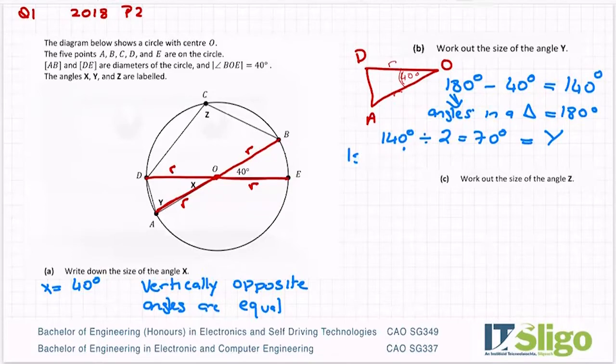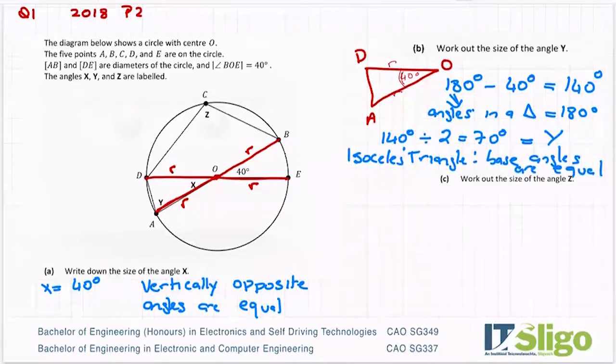Isosceles triangle, base angles are equal. Okay, so Y equals 70 degrees. X is equal to 40 degrees. Now work out the angle Z.